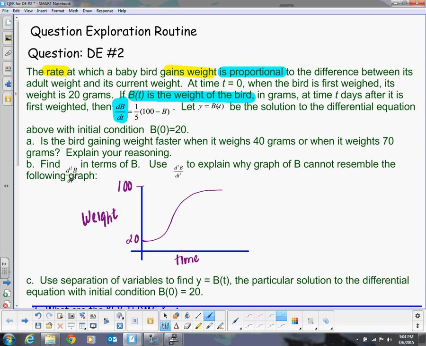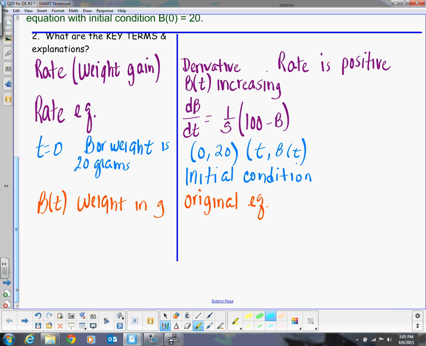Let y equal B of t be the solution to the differential equation above with the initial condition B of 0 equals 20. So this B of 0 equals 20 reinforces that our initial condition is 0, 20.